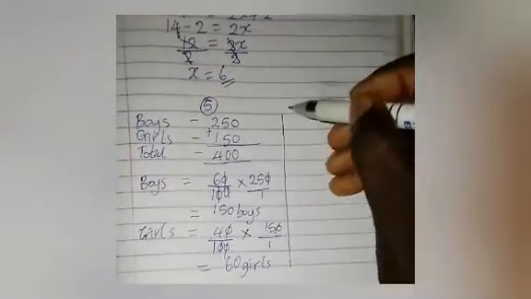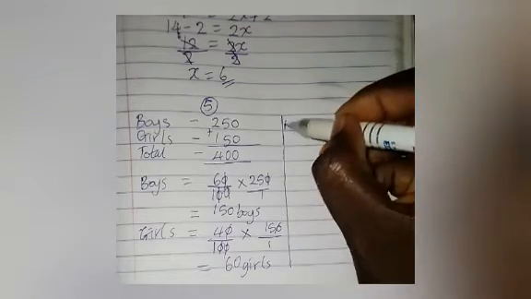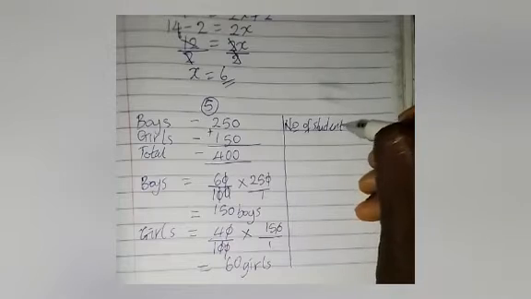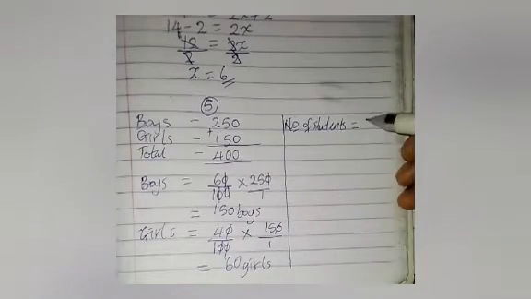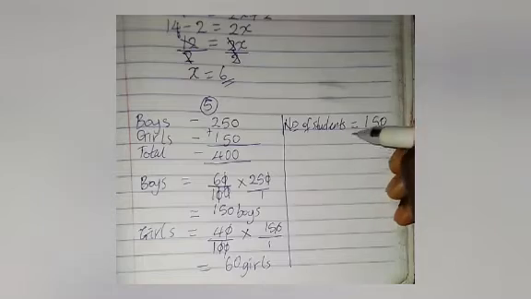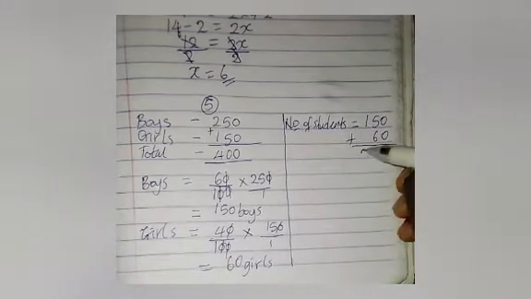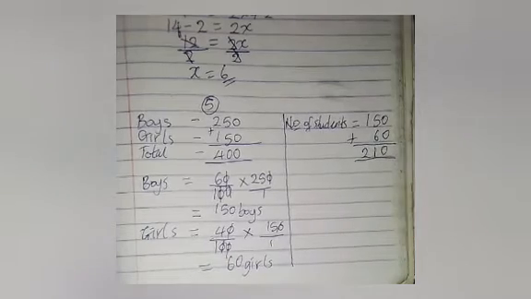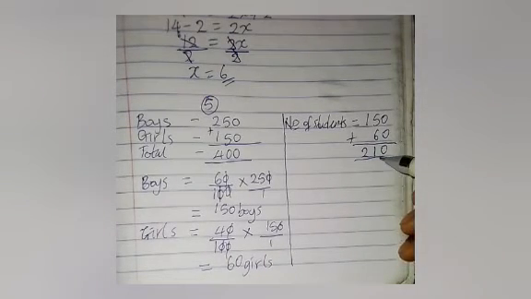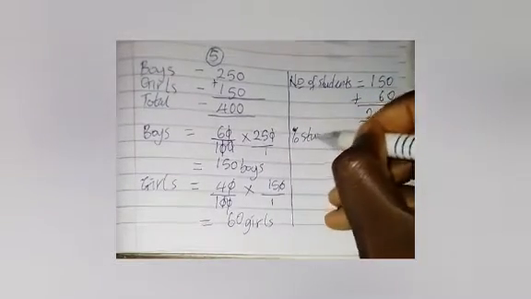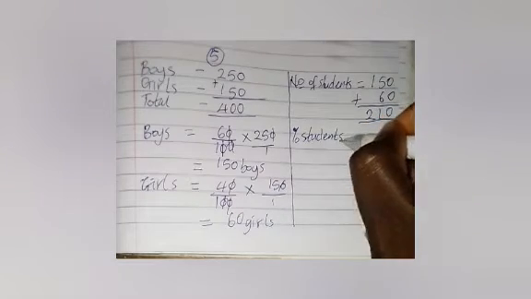So now to get the number of students that played football, number of students that played football will now be 150 plus 60. And when you add this, we get 210. So 210 students played football. The next thing is to find the percentage of the students that played football.